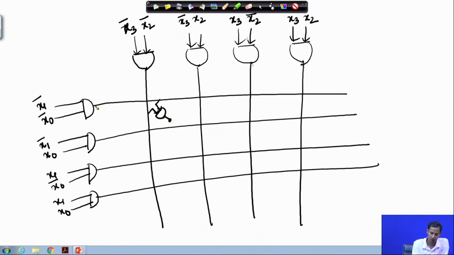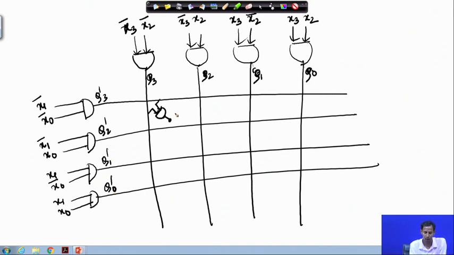That means this and this, if it is ANDed, and then again these two particular results. If I consider this as Q, let us consider Q3 dashed, Q2 dashed, Q1 dashed and Q0 dashed.